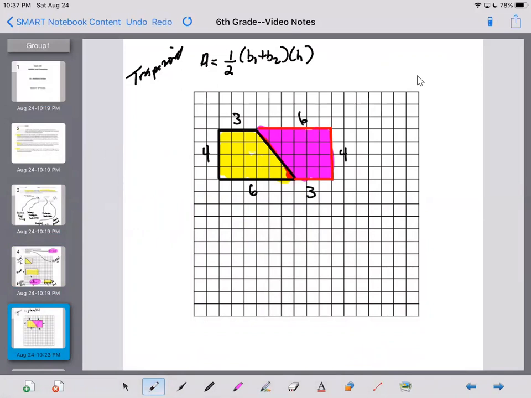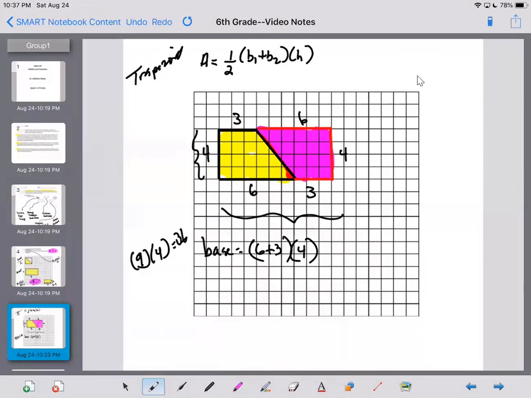So what is the base? Well, the base is 6 plus 3. And the height is 4. But what that would give me is 9 times 4, which is 36 square units.